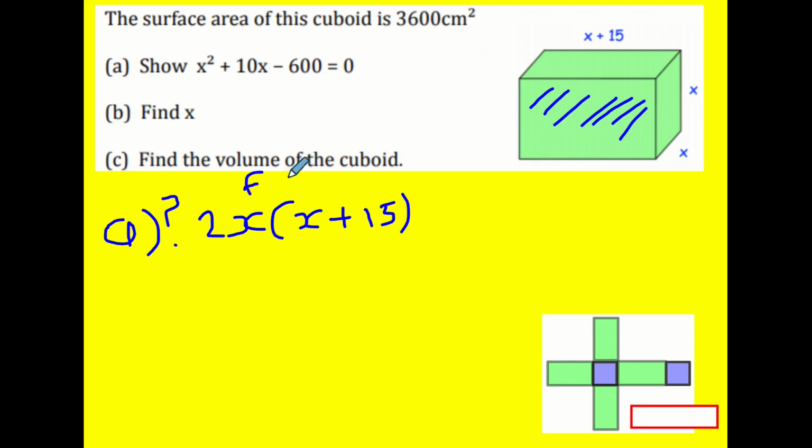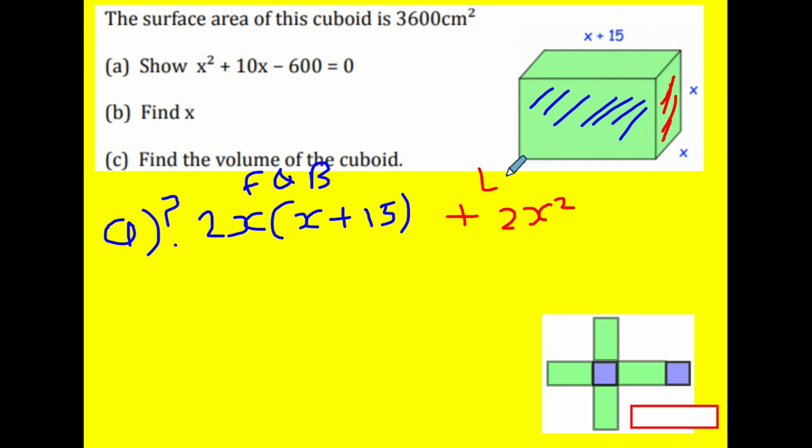This is the front and back. Next, I've got the sides. So I've got the right-hand side and I'll have the left-hand side as well. So if I add that on, I'll get x squared for that side. Because I've got it on the right and left, it's going to be 2x squared.